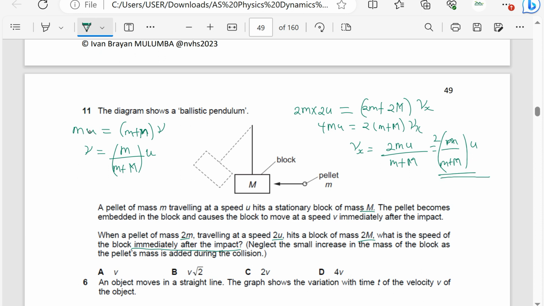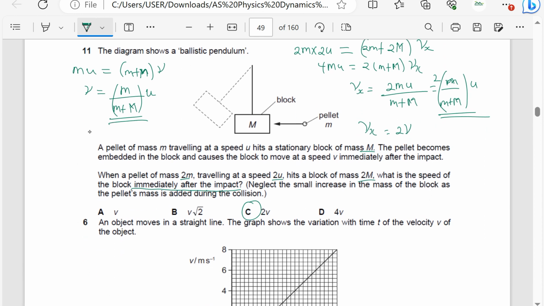So this one was the velocity v before. So it means Vx is going to be twice of the v we got earlier on. So the answer is going to be C.